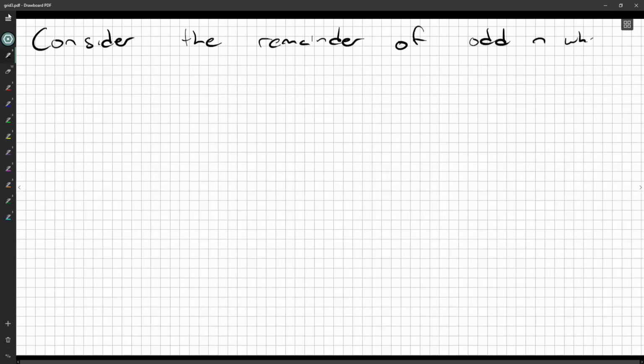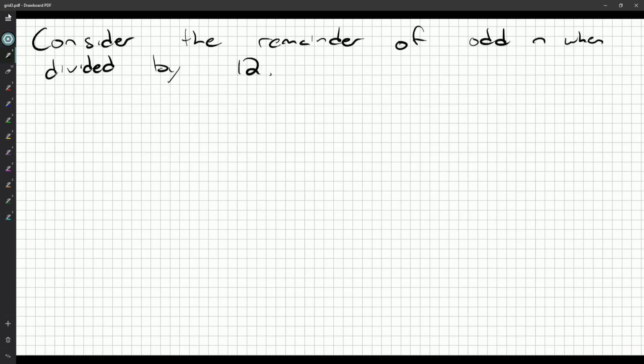So, consider the remainder of an odd n when divided by 12. Do I really need 12? Would 6 not suffice?